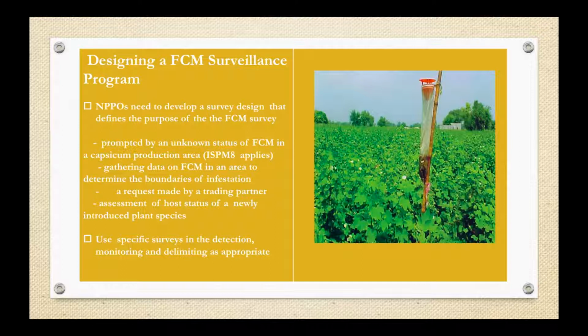Remember that specific surveillance targets a specific pest. So in this instance, you are only targeting the false codling moth. You might wish to delimit the boundaries of infestation. For example, if you are doing your surveillance under confinement production, you might wish to establish this boundary. Or there could be a request that is specifically made to you as NPPO.